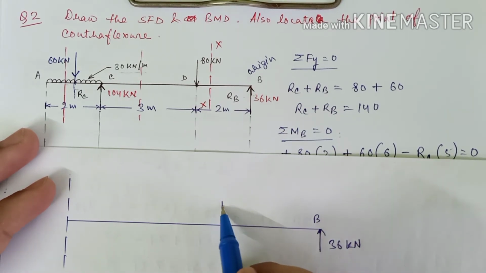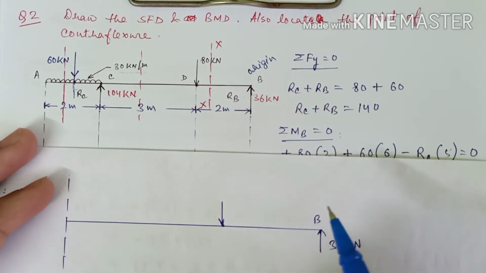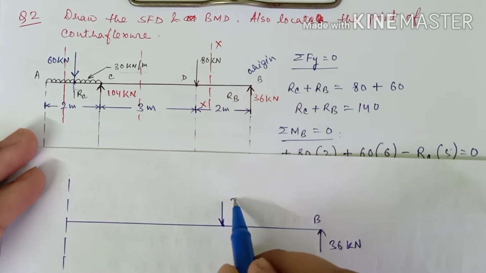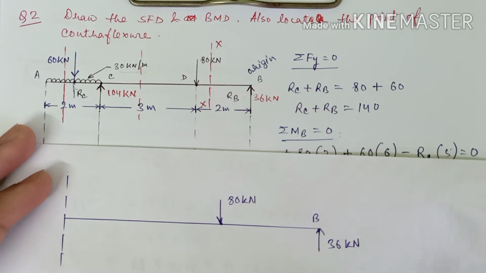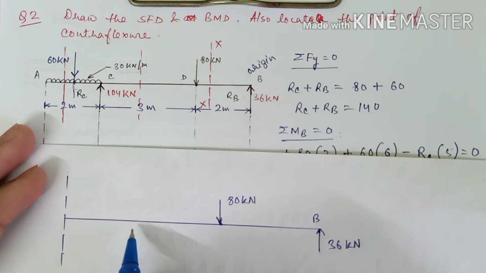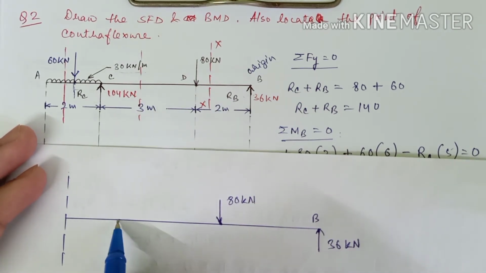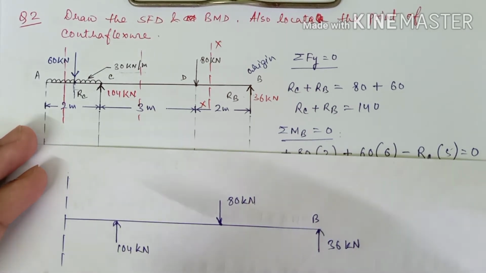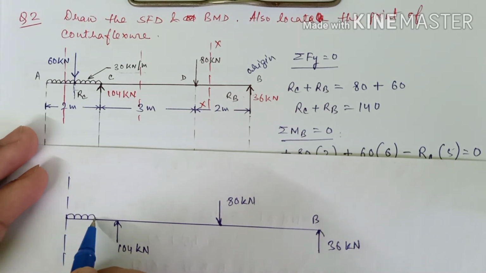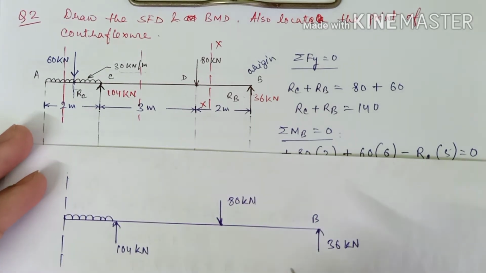At point D, we had a vertical force of how much? 80 kilonewtons, right? And finally we had RC, that is 104 kilonewtons, and before RC we are having a UDL, right?